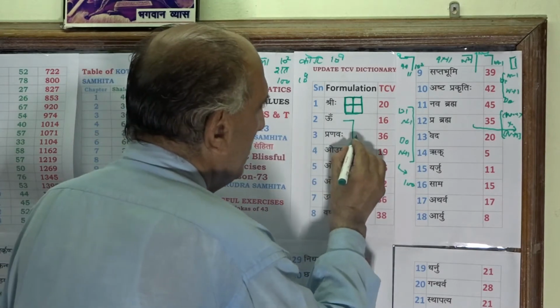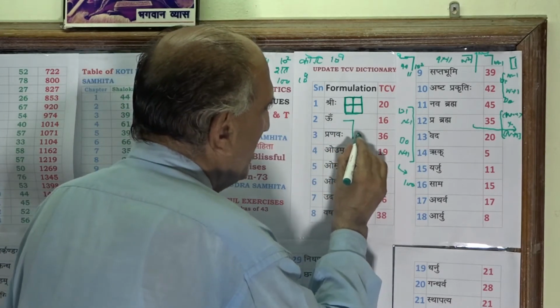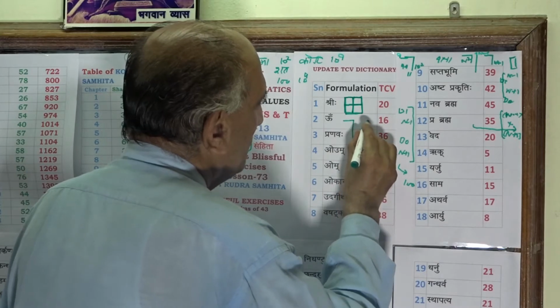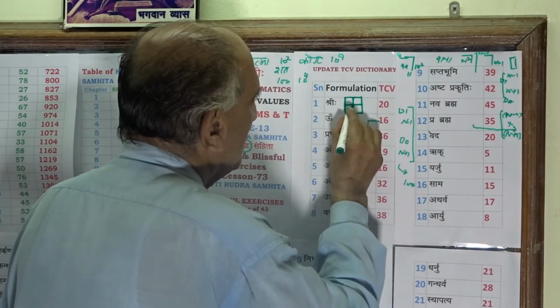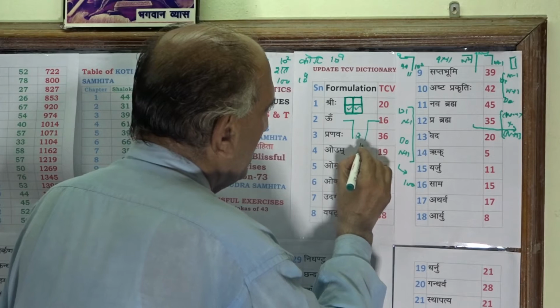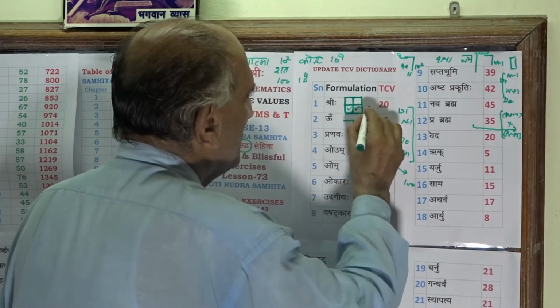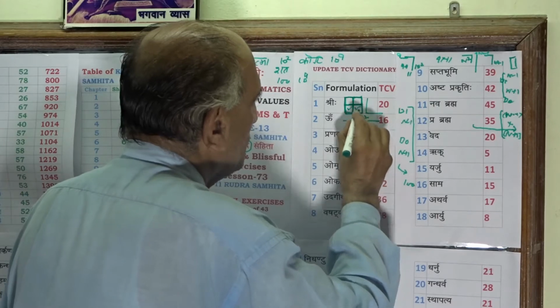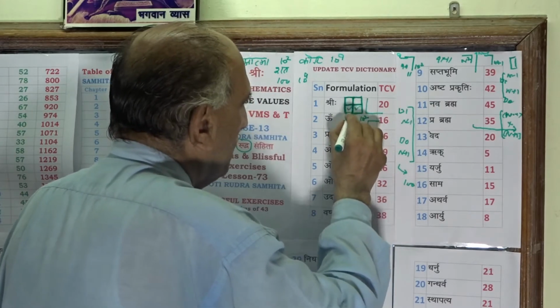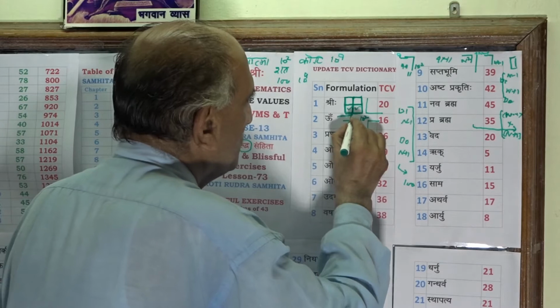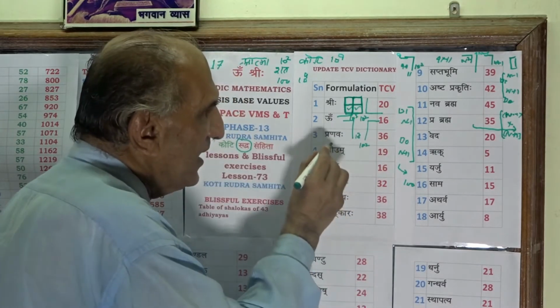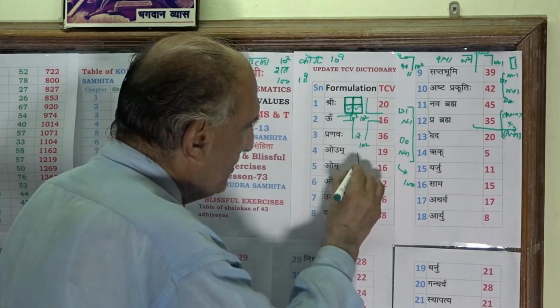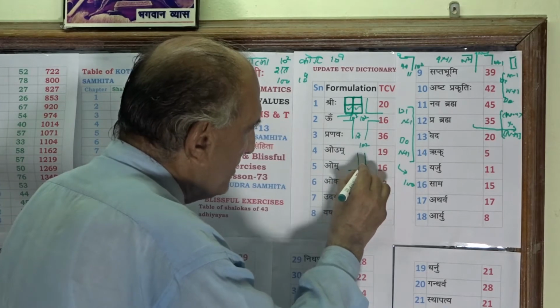So here we will be getting 10 square. Like that, from the second quarter again we will be getting 10 raised to 2. From the third quarter we will get 10 square, and from the fourth again we will get 10 raised to 2. We see here that we have reached a particular format.